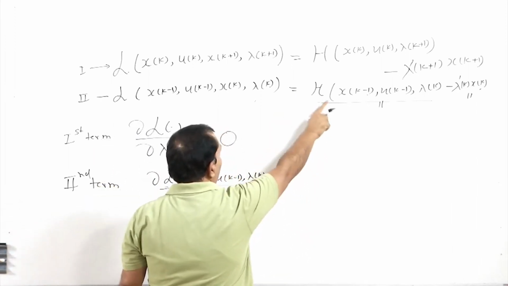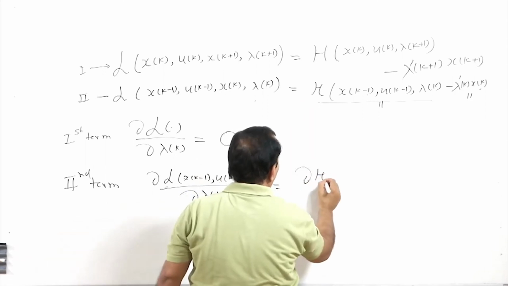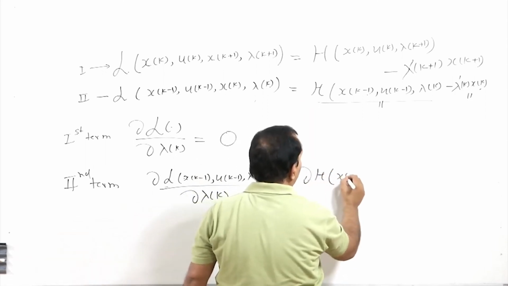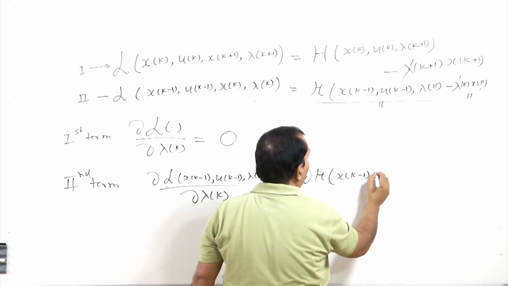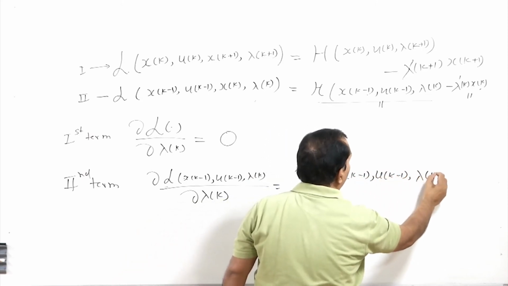If I differentiate this, what do I get? Del h, which is x of k minus 1, u of k minus 1, but a function of lambda k.